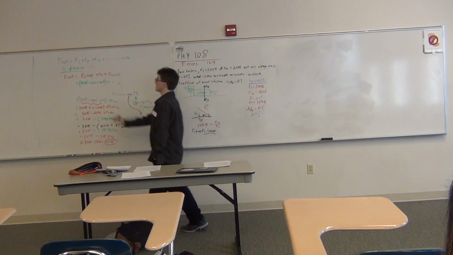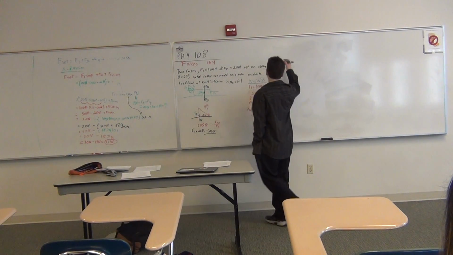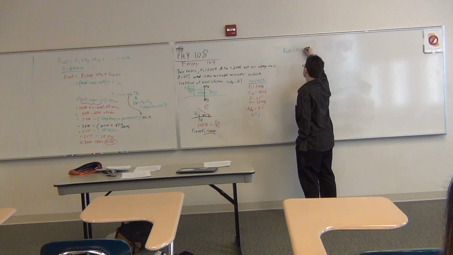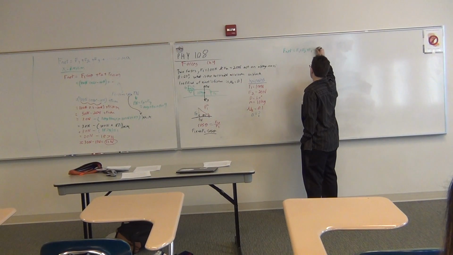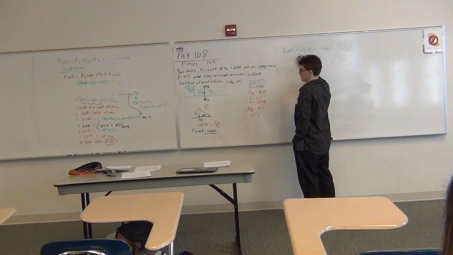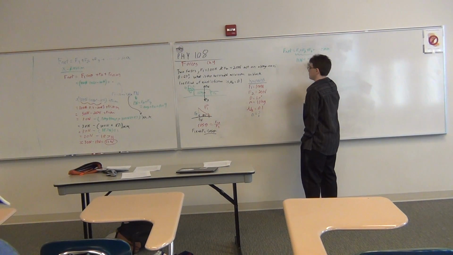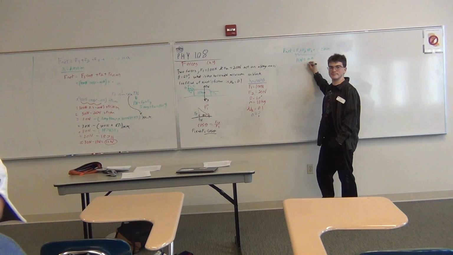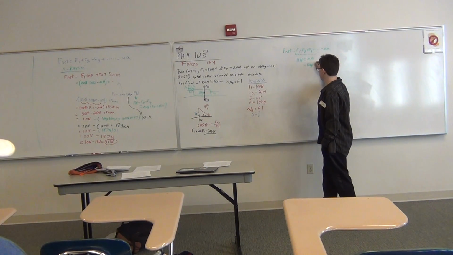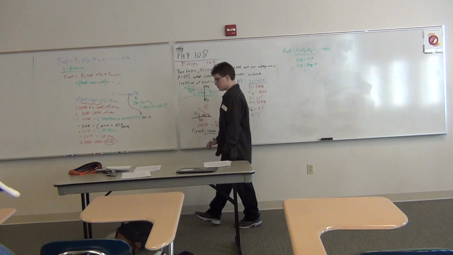So we come back to the equation: F net equals F1 plus F2 plus F3 equals M times A. We know this part, 11 newtons equals M times A. What is our mass? 10 kilograms times A. What is A?